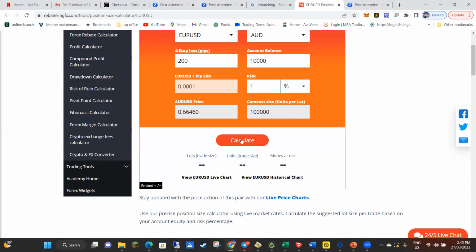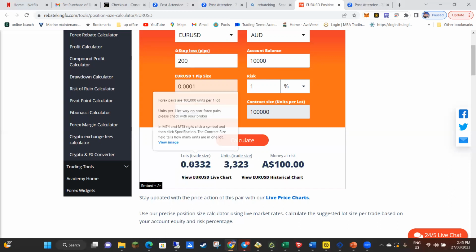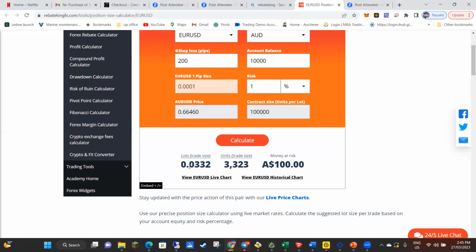And click calculate. Now we know that if we've got a $10,000 account and we're using a 200 pip stop loss, which on Trend Trader would be written as 2,000 in the settings, on Euro USD we would need to use a lot size of 0.03, only to 2 decimal places, and that would be a $100 risk, which is 1%.